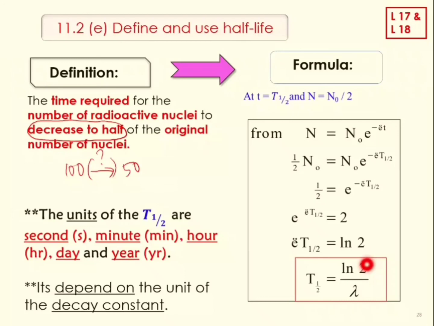The unit for half-life is second, but it can also be minute, hour, day and years, depending on the unit of the decay constant. The formula for half-life is T half-life equal to ln 2 over lambda.